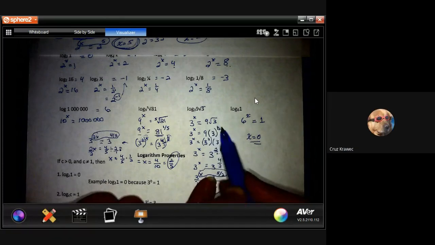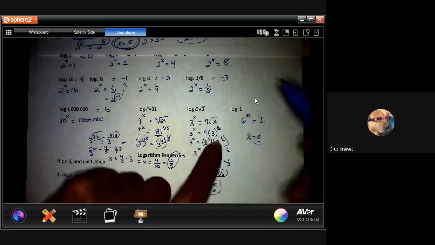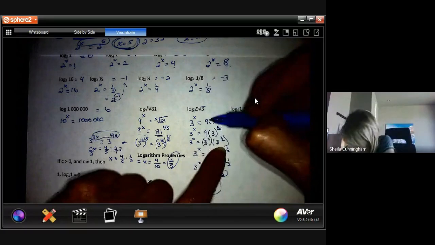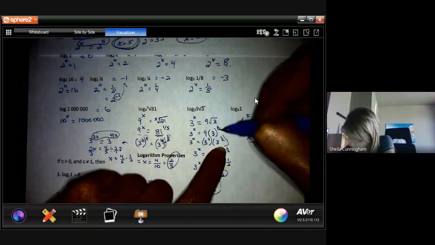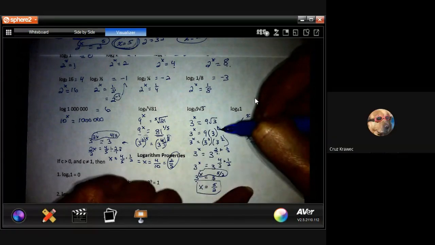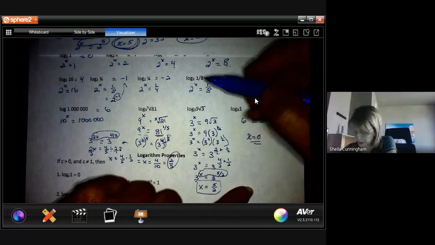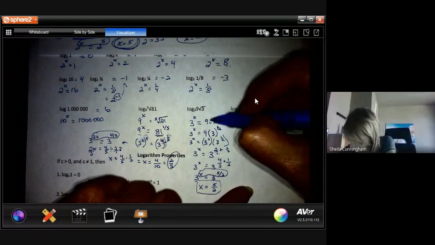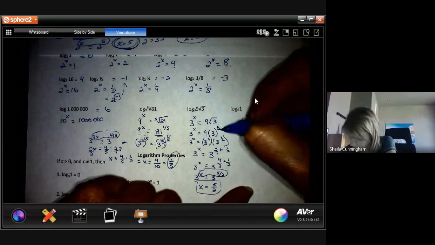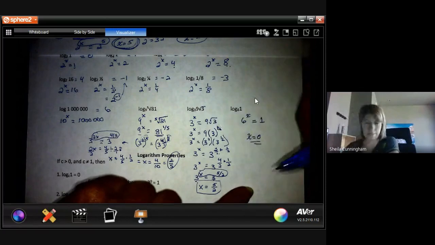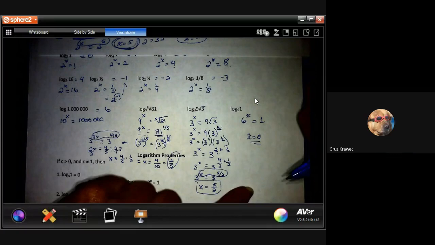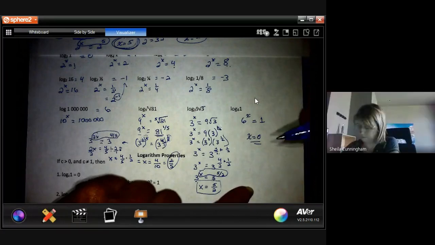If this was a little cube root, with a little 3 in the index, then where this 2 is would be a 3 instead. Or if this was a little 4 in here, then where this 2 is would be a 4 instead.